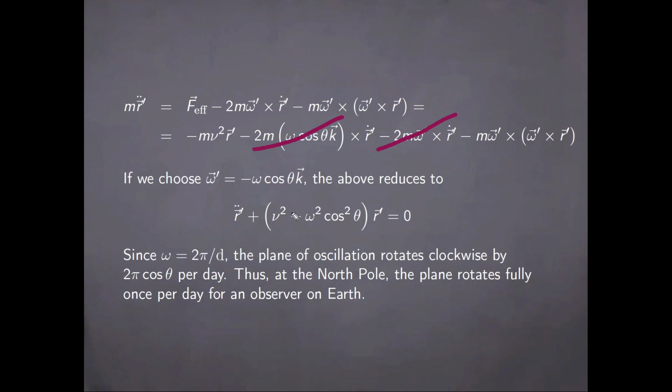So the conclusion here is that the plane of oscillation rotates clockwise by 2 pi times cos theta per day. And the conclusion is that at the North Pole, the plane rotates fully once per day for an observer on Earth. So the plane in which the pendulum oscillates.